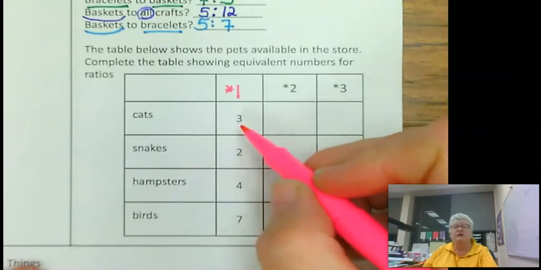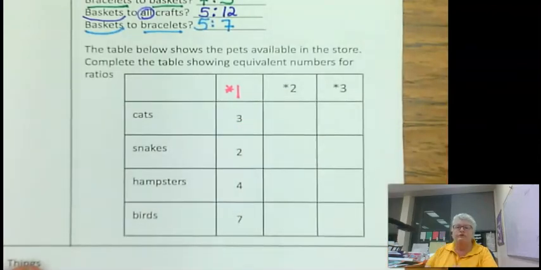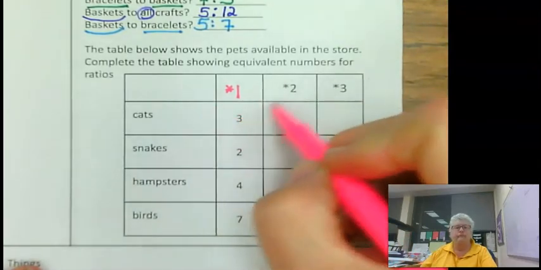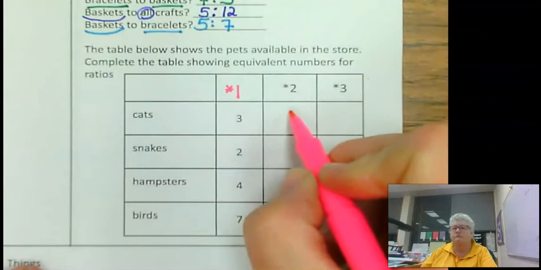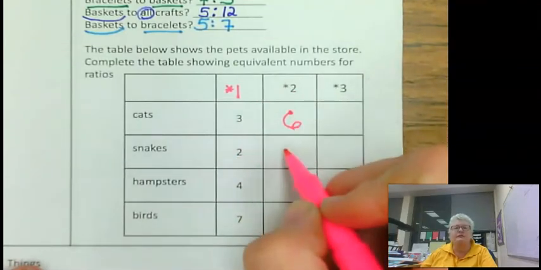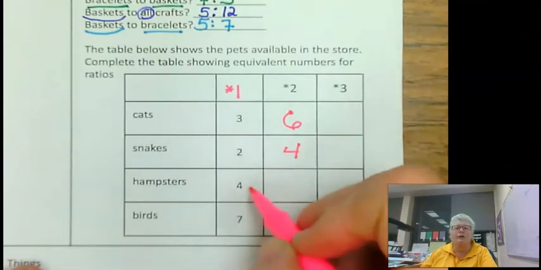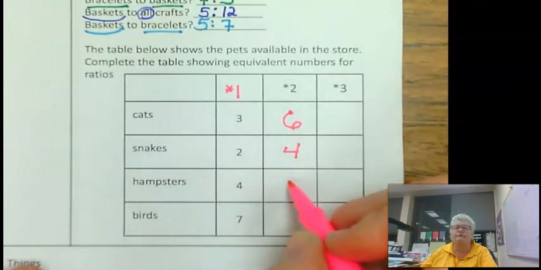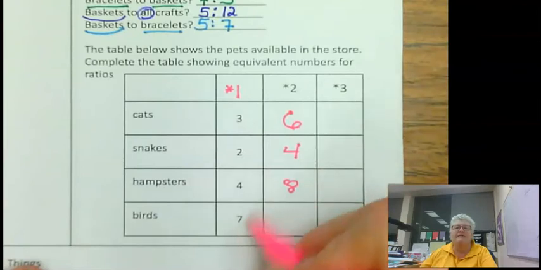So let's say the pet shop dude says, hey, I'm going to buy some more animals. Now I have twice as many animals. 3 times 2 is 6. 2 times 2 is 4. 4 times 2 is 8. And then 7 times 2, yes, 14 birds.